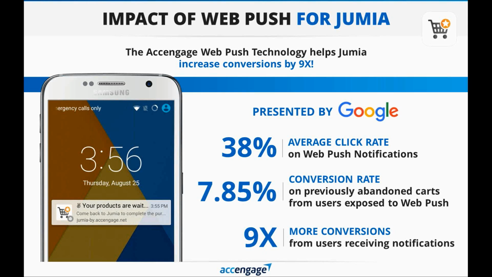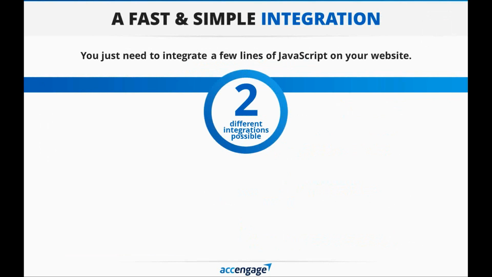So today for Jumia, but also for a lot of our customers, this web push notification capacity is becoming a very important channel in order to increase the revenues and the loyalty of their users. Now, in order to integrate this technology, it's actually very fast and simple.